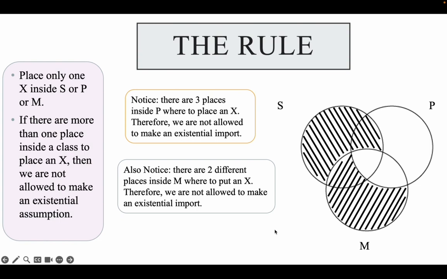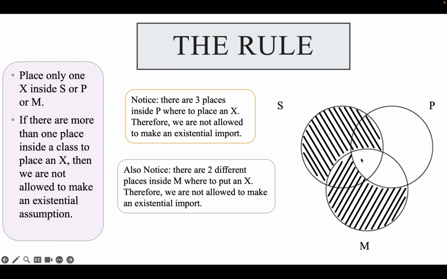On the other hand, am I allowed to make an existential assumption for S? Well, as you can see, there's only one place inside the category S where I can put an X, right there in the center.